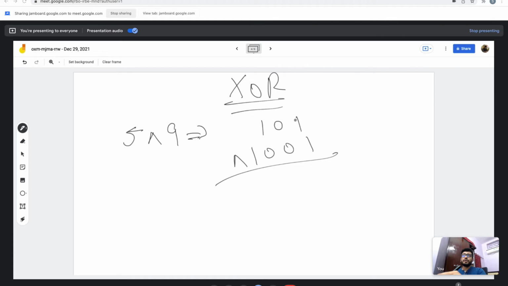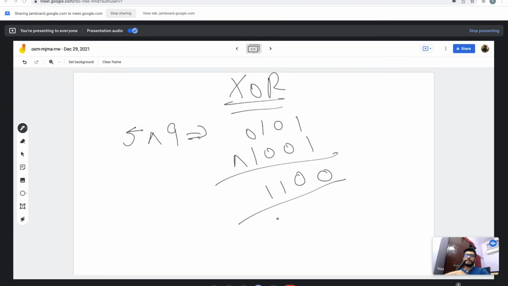Whenever the two digits over and above each other are the same, we put 0 there, and whenever the two digits are different, we put 1. So if we see 1 and 1, they are the same, so we put 0 here. 0 and 0 are also the same, so we put 0 here, and 0 and 1 are different, so we put 1 here, right? So this is how we calculate the XOR.